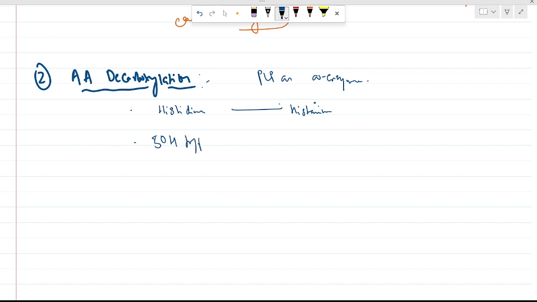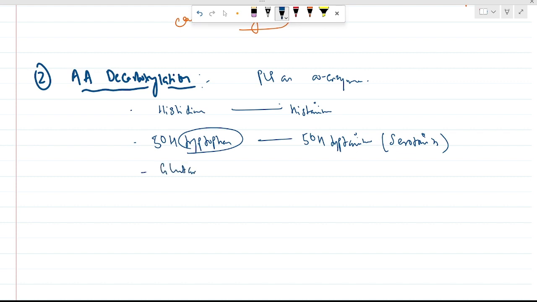5-hydroxytryptophan to 5-hydroxytryptamine. This 5-hydroxytryptamine is commonly called serotonin, so serotonin is derived from tryptophan. Then glutamate is converted to GABA, a very important inhibitory neurotransmitter.